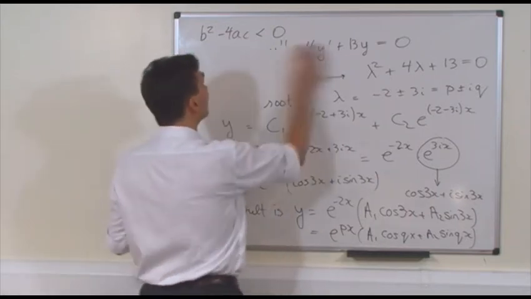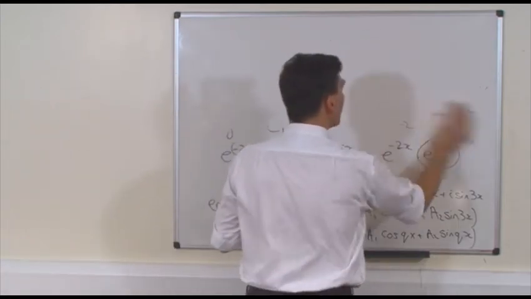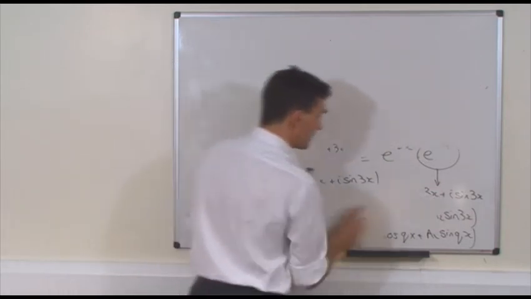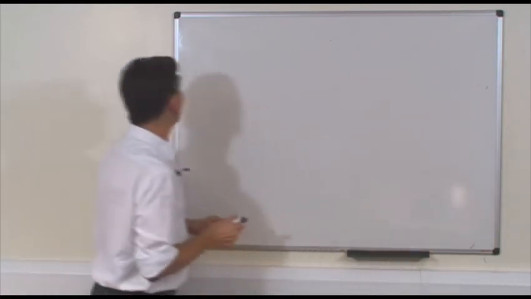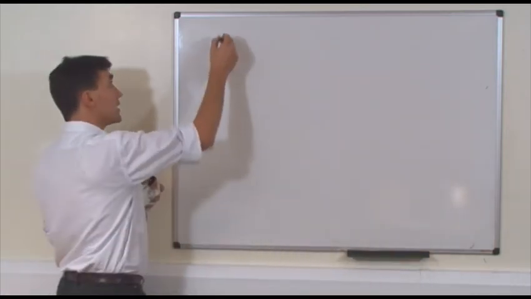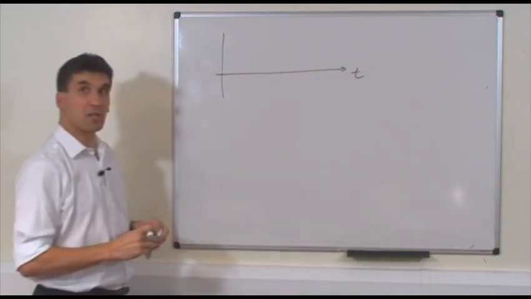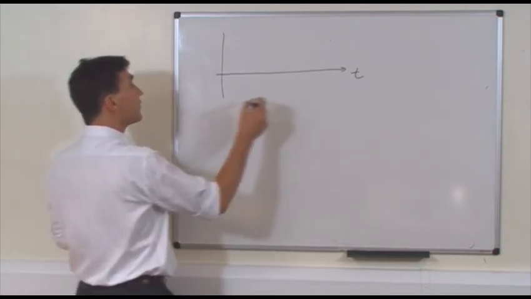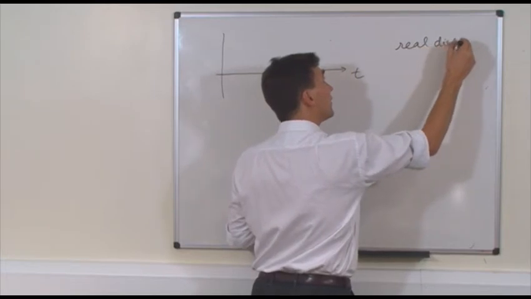In the case of real distinct roots, you'll get exponential decay. That gets a name, it's called overdamped. So here, now instead of x, we're thinking of a mechanical system, so the independent variable is time.